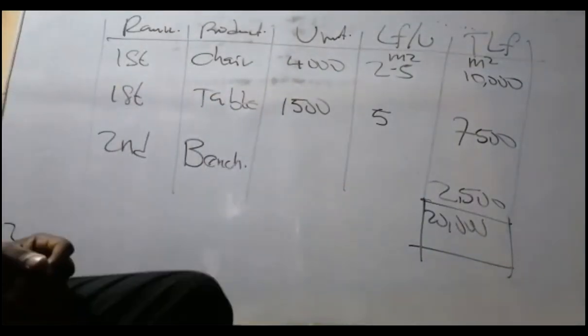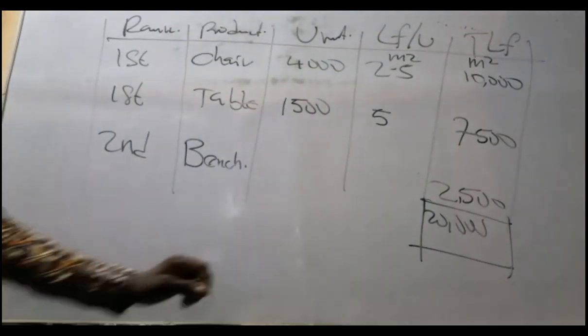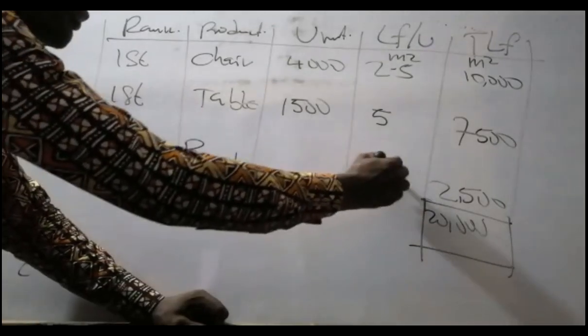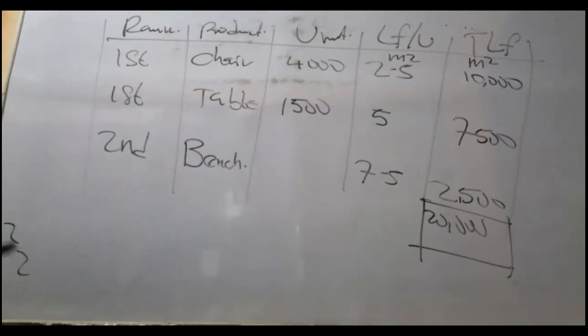A limiting factor per unit for that of bench is what? 7.5. So how many units will this one produce? So 2,500 divided by 7.5.